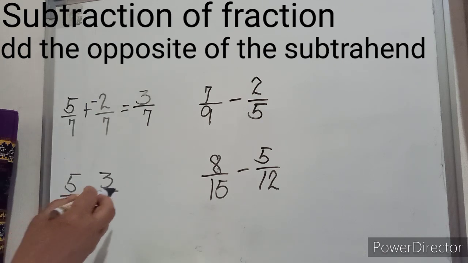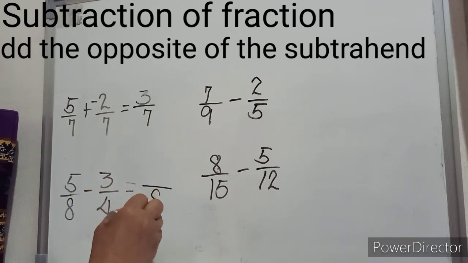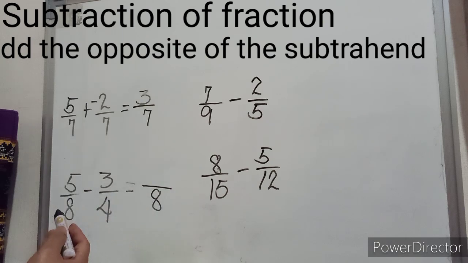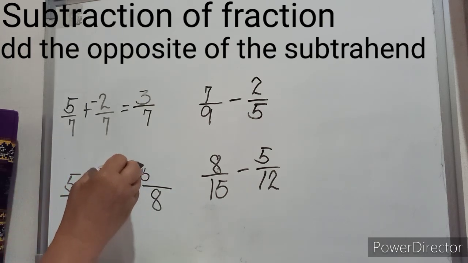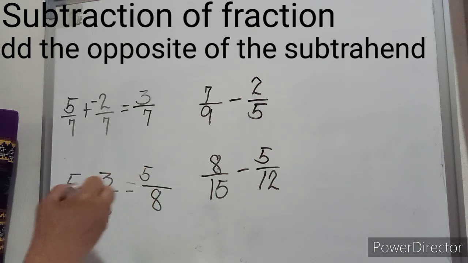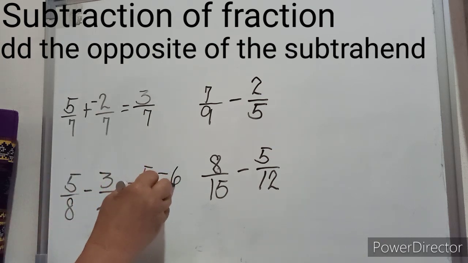So, if it is divisible by the other denominator, we are going to consider it as our least common denominator. Then, we divide. 8 divided by 8 is 1 times 5 is equal to 5. Minus 8 divided by 4 is 2 times 3 is equal to 6.